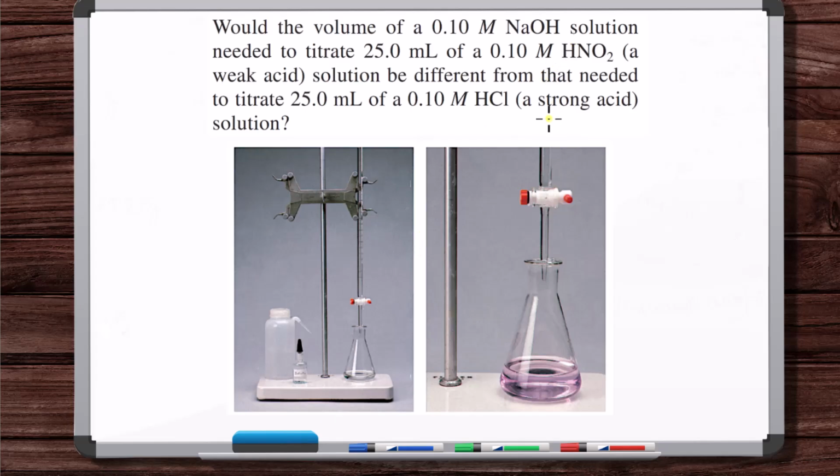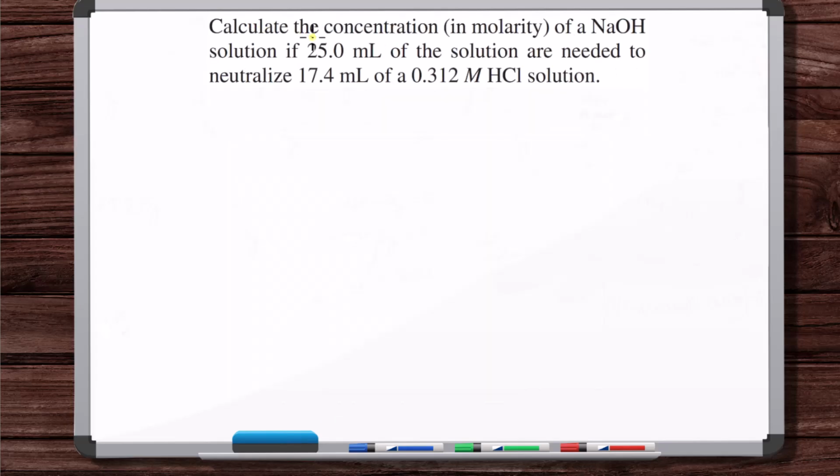Calculate the concentration in molarity of a sodium hydroxide solution if 25 milliliters of the solution are needed to neutralize 17.4 milliliters of a 0.312 molarity hydrochloric acid solution.